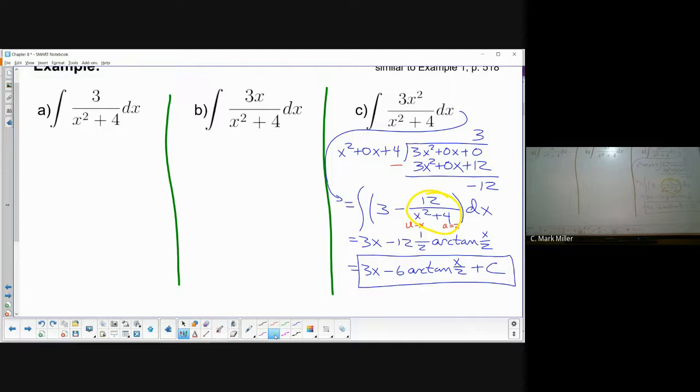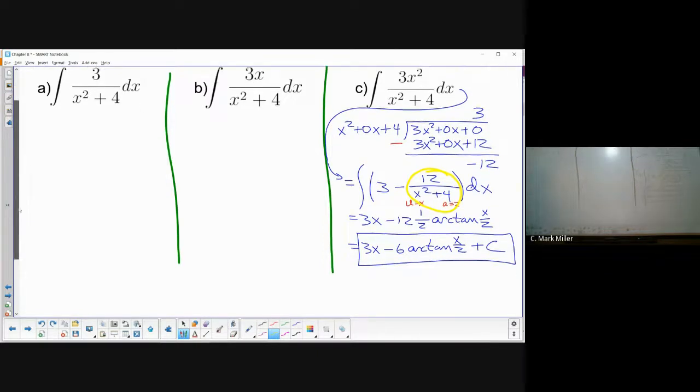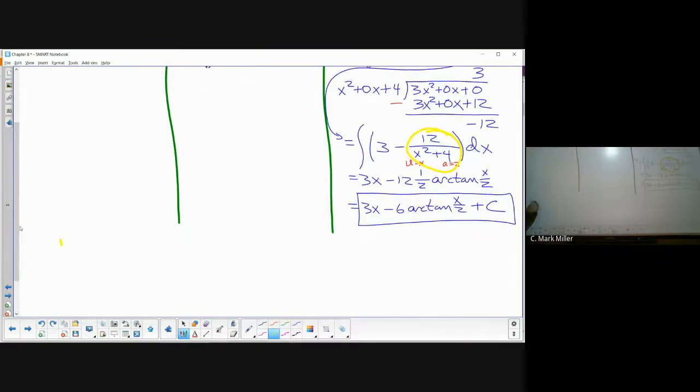I know that the integral of 1 over x squared plus 1 dx integrates to arctan x.